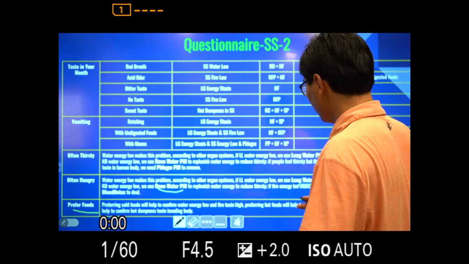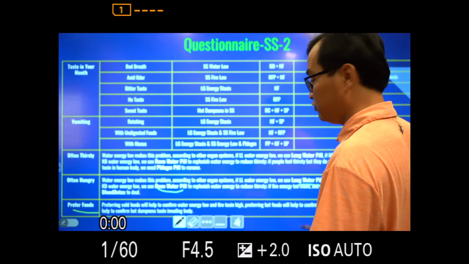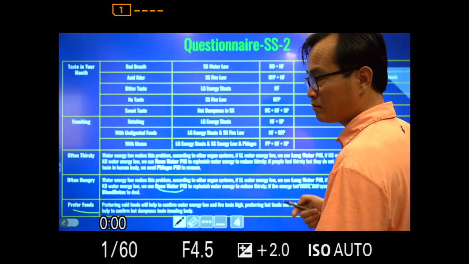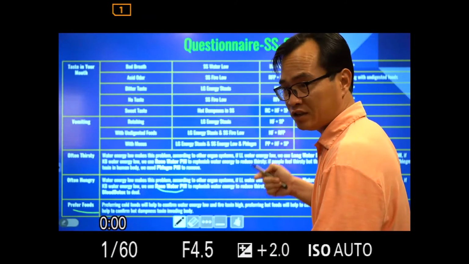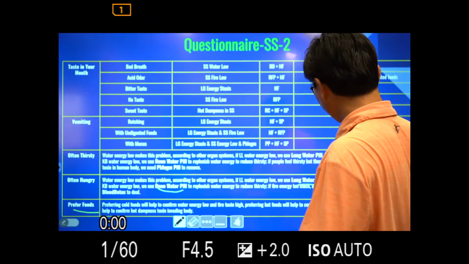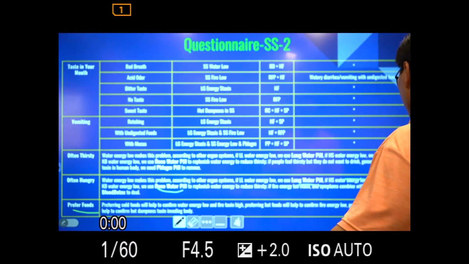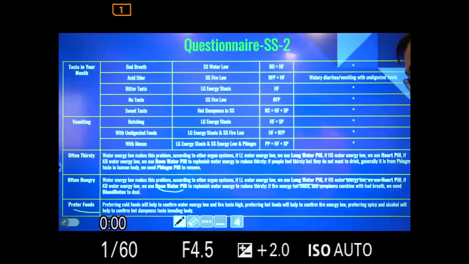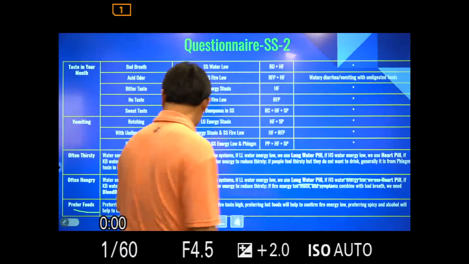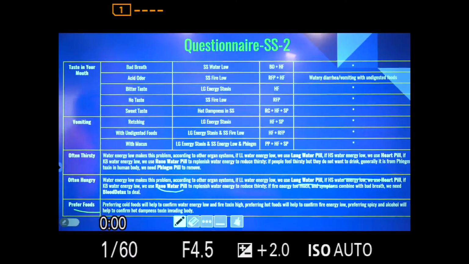If your body wants hot foods, this means your body is short of heat, and generally the fire energy is low. It can help us confirm that. If the people prefer spicy food and alcohol, if they always take spicy food or alcohol, especially like we have clients who take whiskey every day, from 1 to 2 liters, that is very, very much.